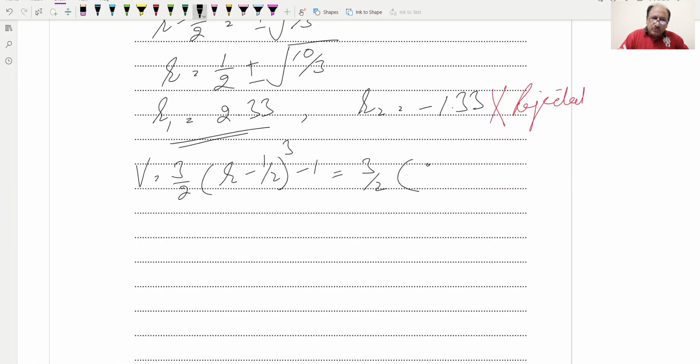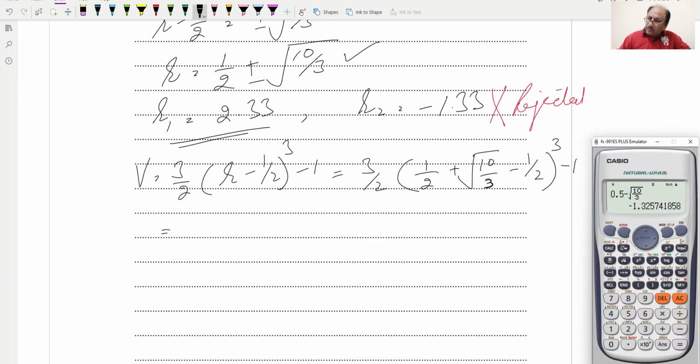The r value is 2.33, or we will use this value because we don't want to lose the decimals, so we will use plus the square root of 10 over 3. This will be our r value, and r minus 1 by 2, so minus 1 by 2 whole raised to the power 3, minus 1, and we can use a calculator for that one.